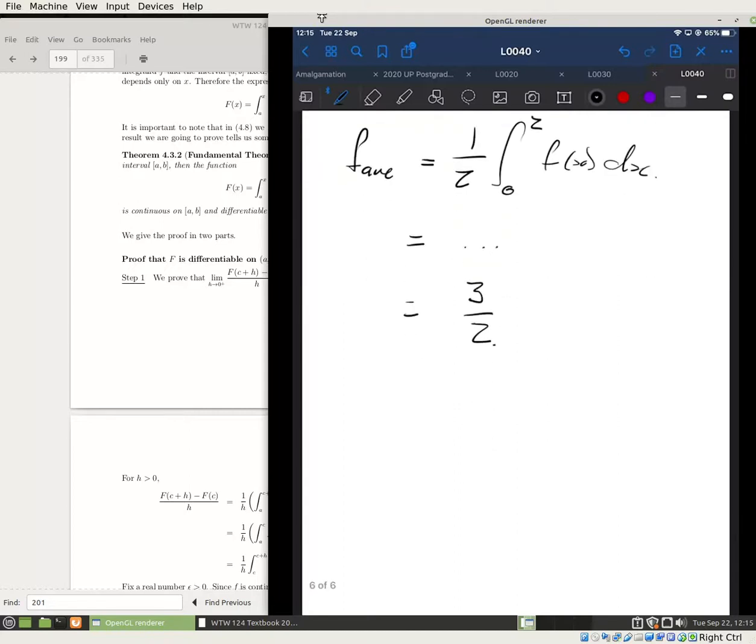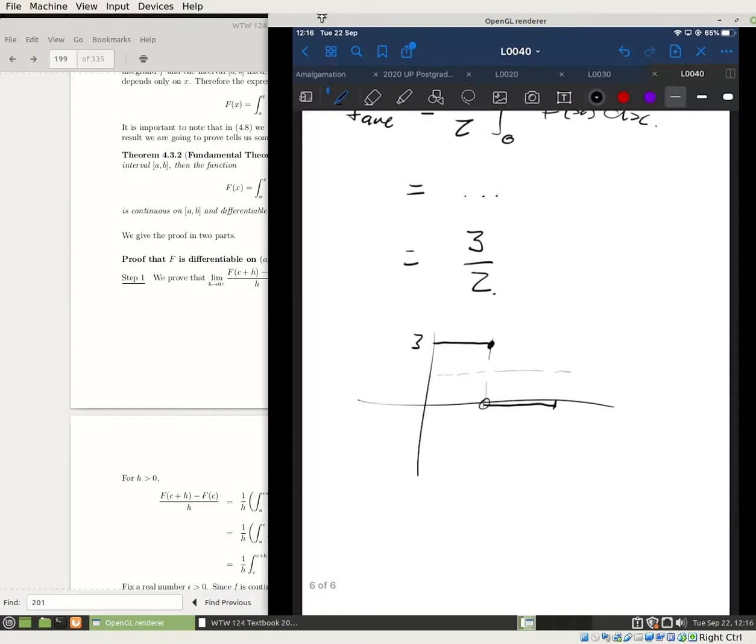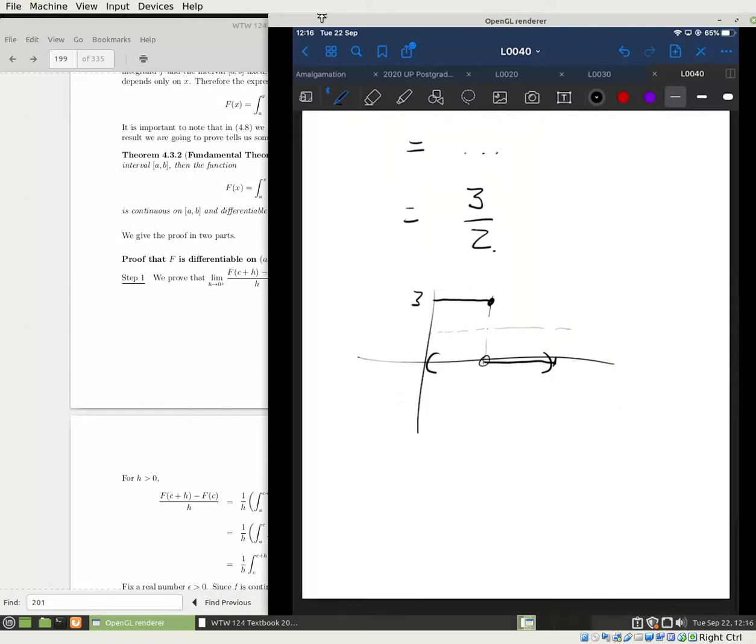Okay, but now we should notice, if we think about what this function looks like, it takes on the value 3 there, takes on the value 0 there, and 3 over 2 is here. So there is no p in the open interval from 0 to 2, which actually takes on the value 3 over 2.